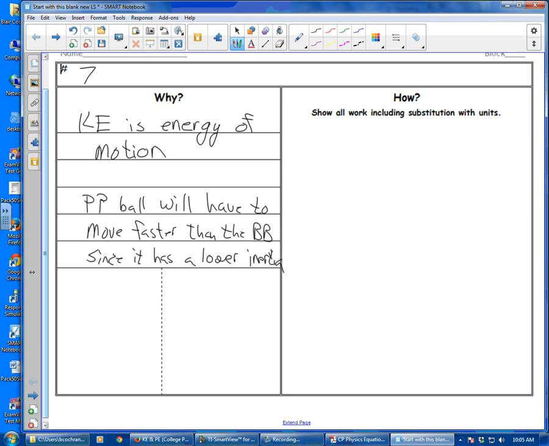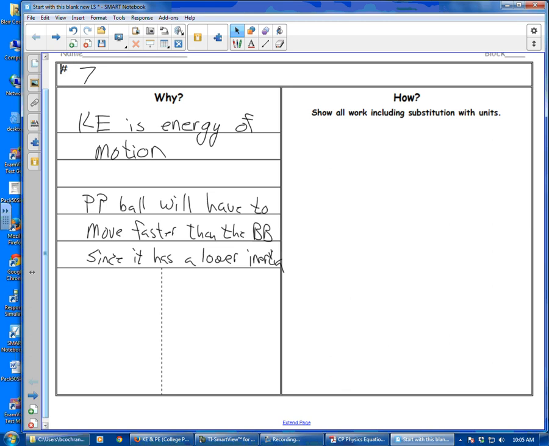So the ping pong ball has a much lower inertia, and that's going to relate to the fact that it's going to have to move faster to have the same amount of energy, since kinetic energy is about energy of motion. Alright?